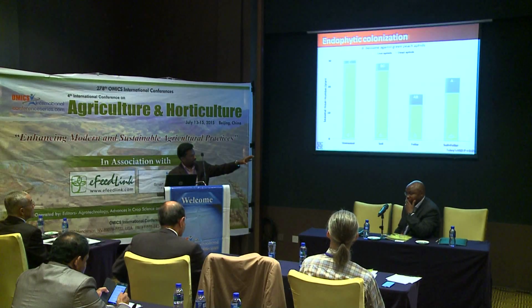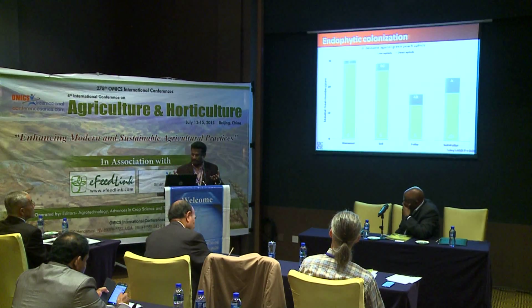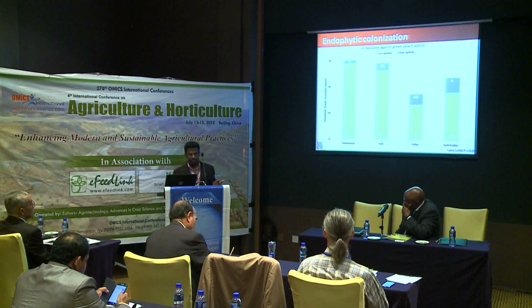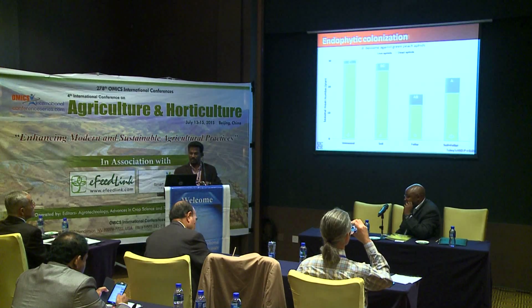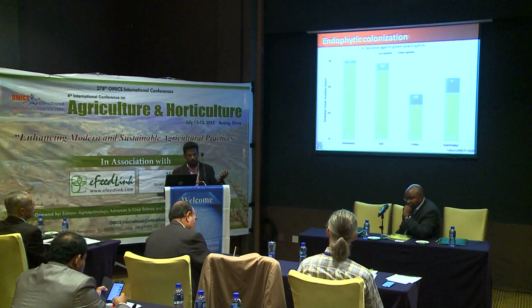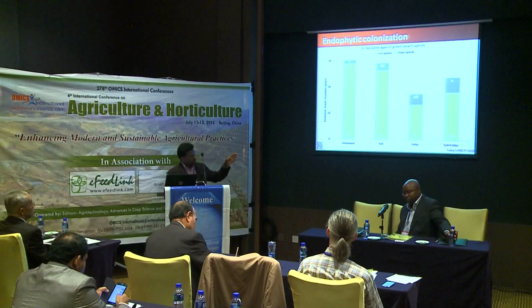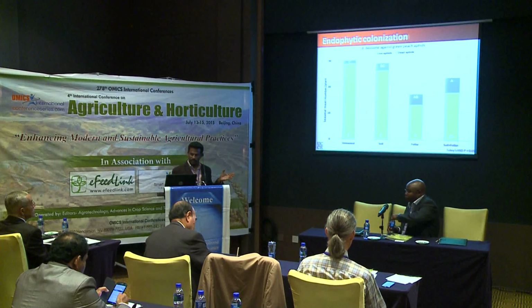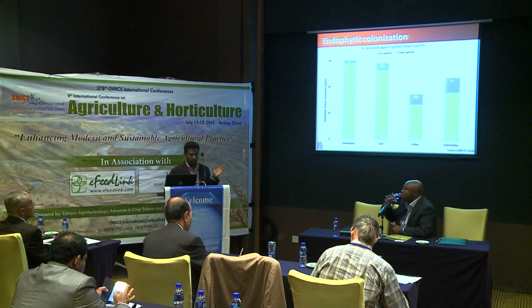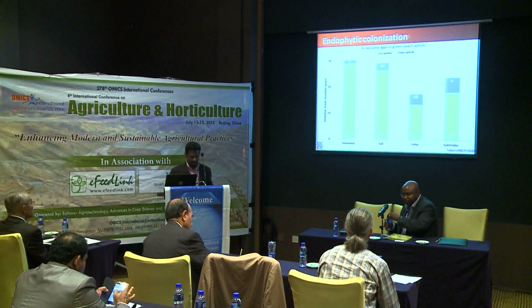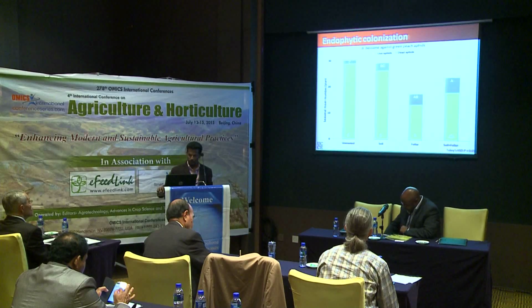So when we apply it to the soil, it promotes plant growth and supports more aphids. So although it is controlling more, at the same time it has a positive effect there. This kind of shows what is happening there.